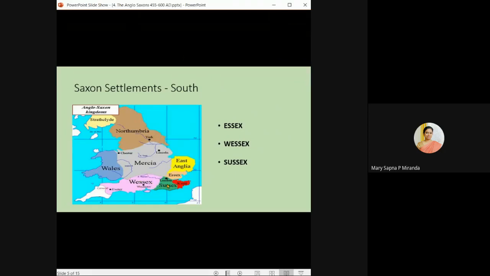So Wessex, Sussex, and Essex. And then also some region here, the middle region, but it was not a very prominent kingdom, so it does not find a place in the map here. Right? So this region constitutes the Saxon settlements or kingdoms, three of them in importance: Essex, Wessex, and Sussex.